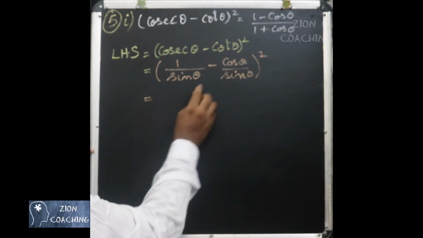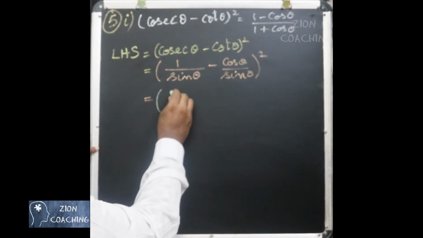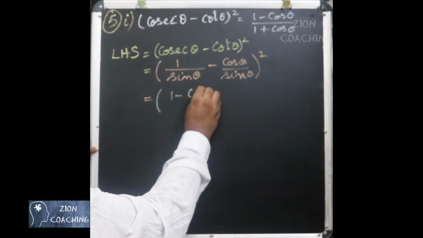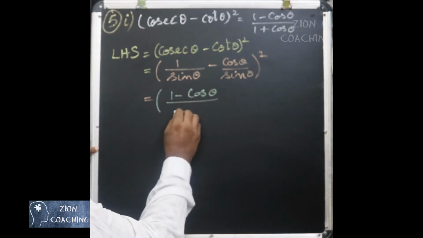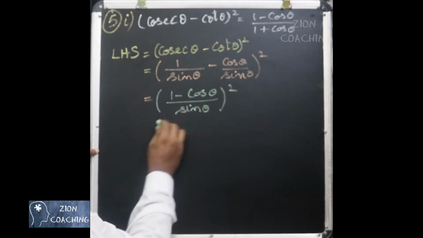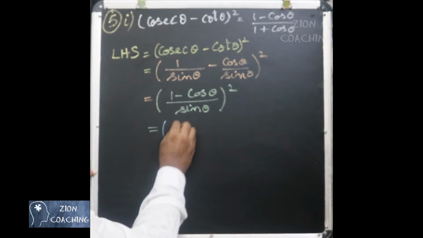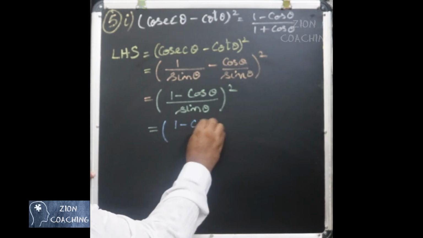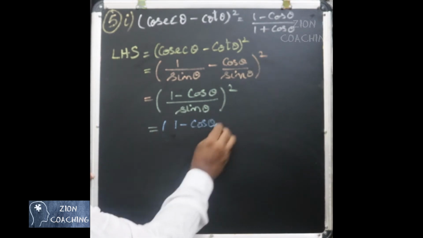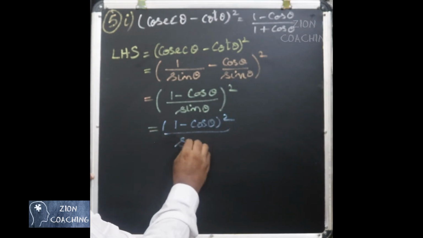Now taking sin theta as common LCM denominator, we are going to have (1 minus cos theta by sin theta) the whole square. This can be written as (1 minus cos theta) the whole square divided by sin square theta.